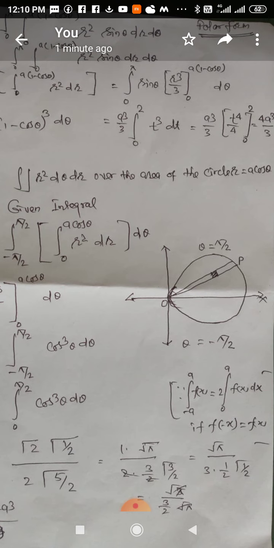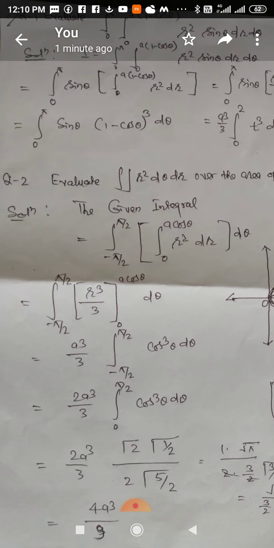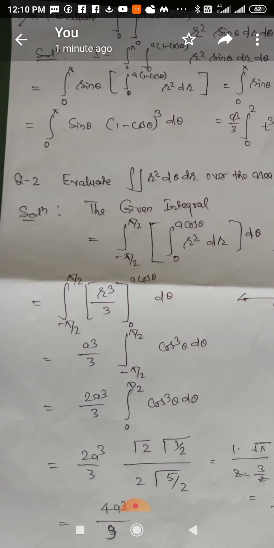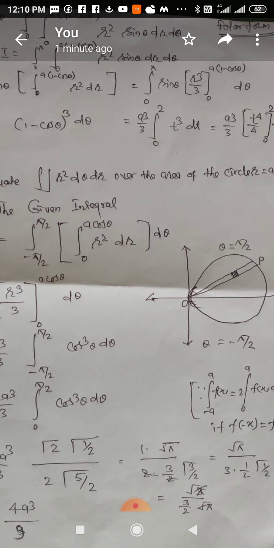Again, putting the value of the upper limit in place of r cube, we get the integral from 0 to pi of sin theta (1 minus cos theta) whole cube d theta. Again, putting the value a, it gives a cube upon 3, which is constant and separated out of the integration, and the integration becomes 0 to pi of sin theta (1 minus cos theta) whole cube, times a cube upon 3.